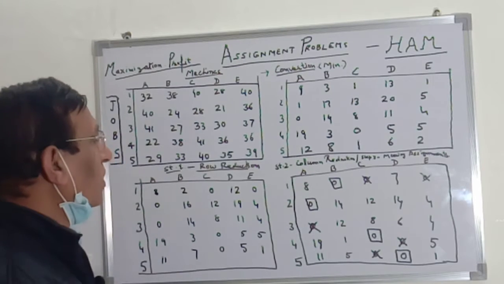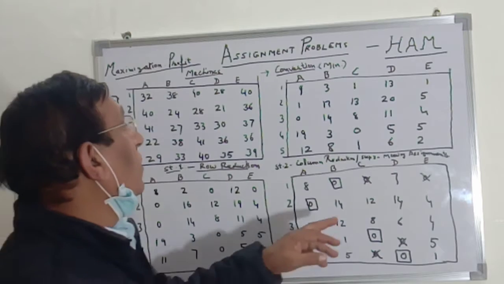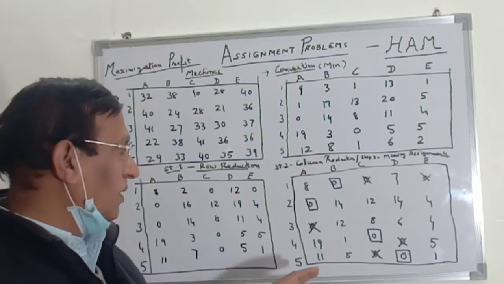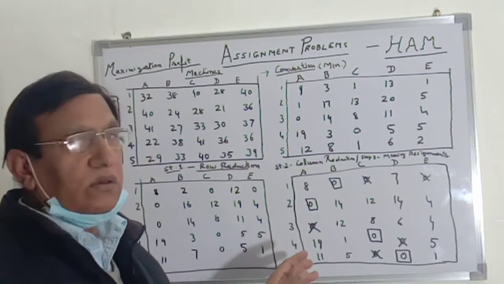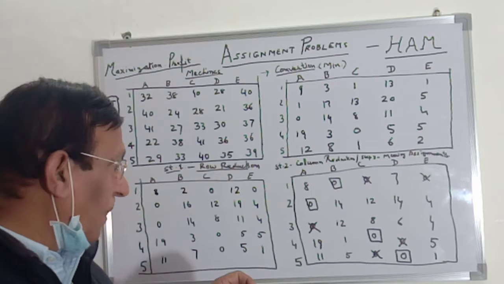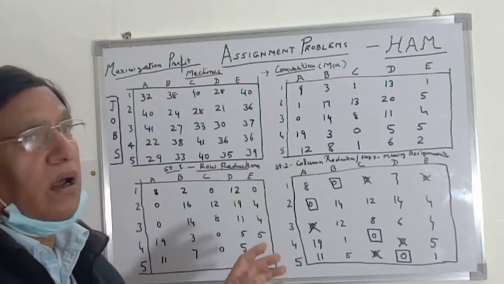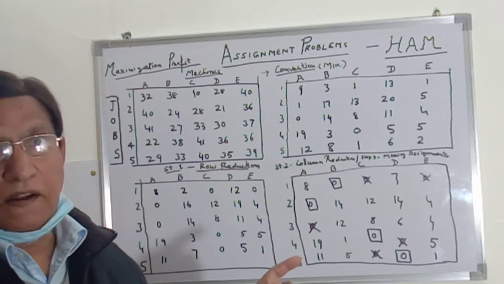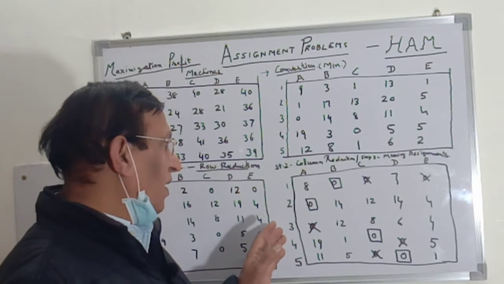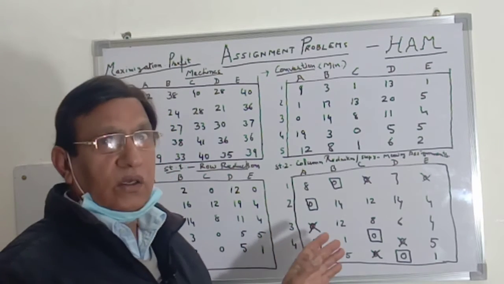After making assignments, if the number of assignments is not equal to the number of rows or columns, or jobs or machines, then we have to go for marking. And this marking is a very important step. How to mark the rows and columns?